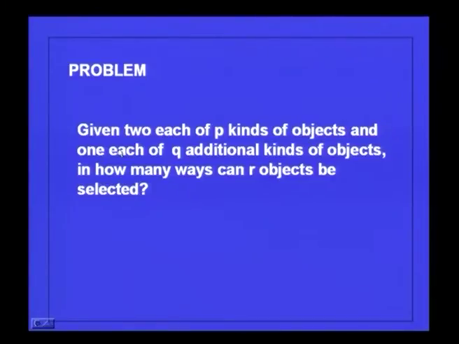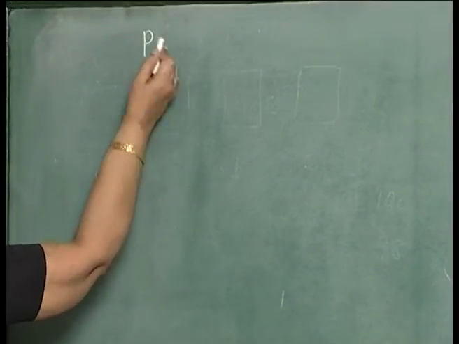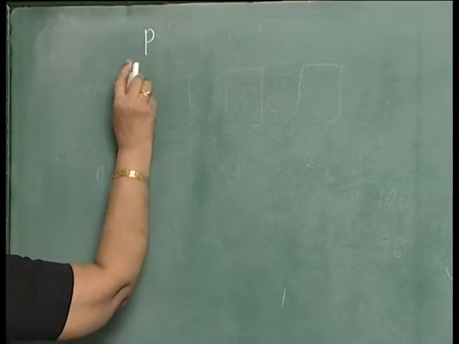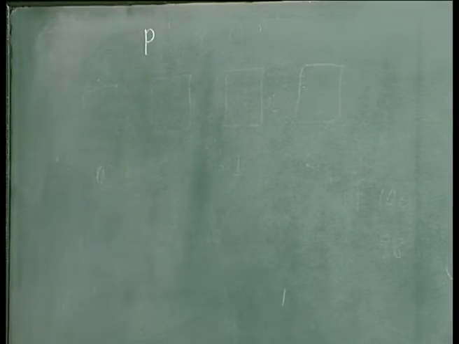Given 2 each of p kinds of objects and 1 each of q additional kinds of objects, in how many ways can r objects be selected? This is the problem. Let us see how we tackle that. So, you have p objects, they can be selected twice, given 2 each of p kinds of objects.